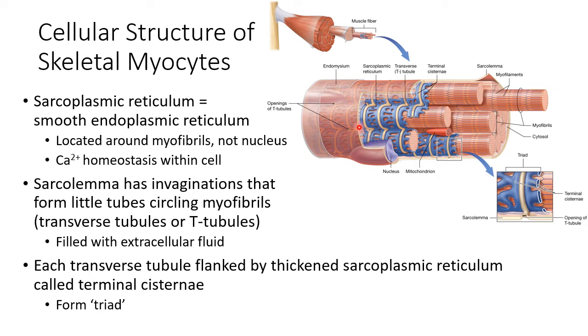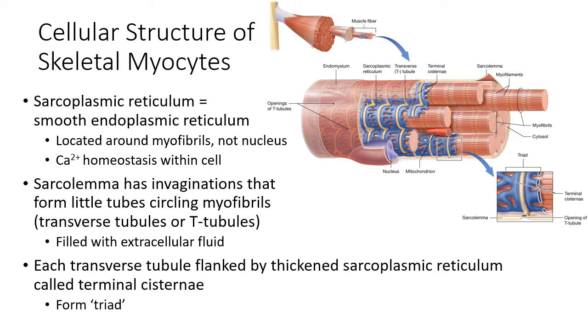And they kind of go down into the cell and then start running around the myofibrils with sarcoplasmic reticulum on either side of them. And those T tubules end up being really important for muscle contraction, so we'll come back to them later. They are kind of open to the outside, so they would be filled with the extracellular fluid.